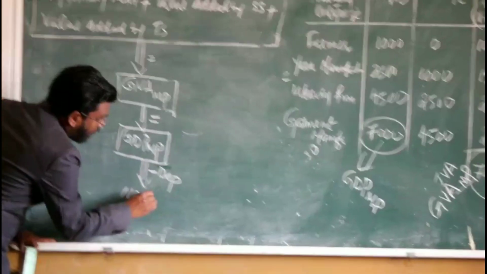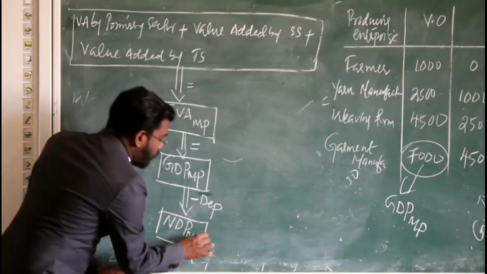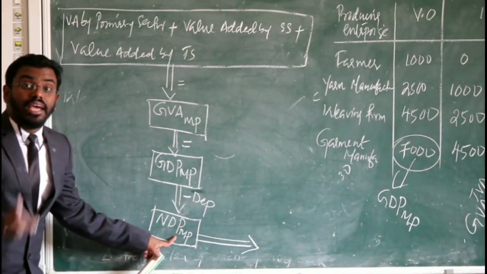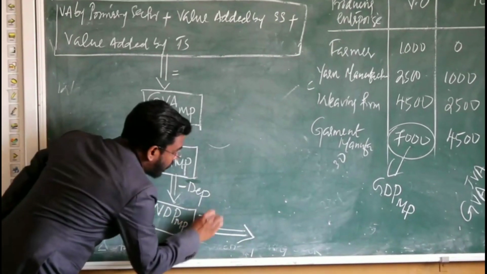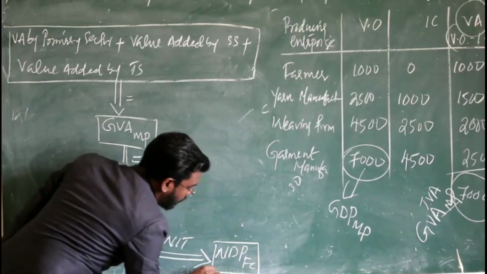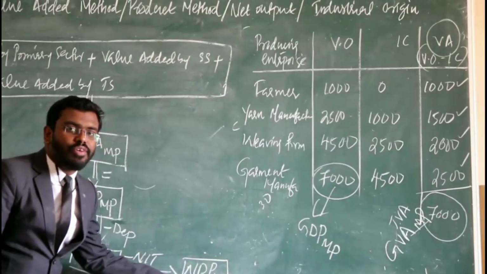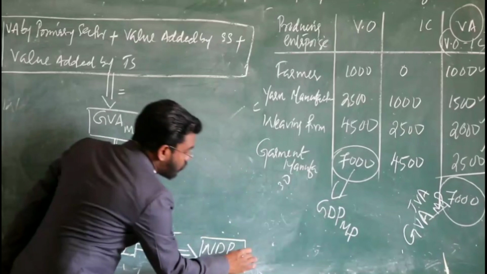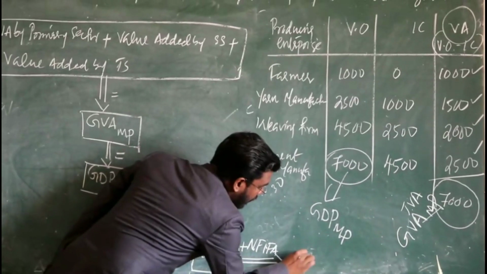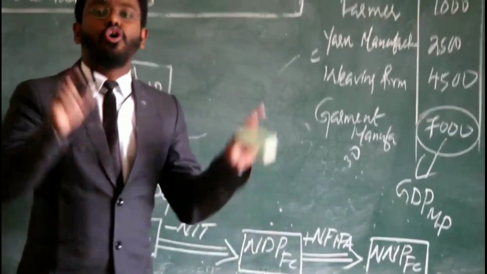Then we will get NDP-MP. Okay, then if we subtract NIT from this NDP-MP, what will we get? NDP-FC. So minus NIT, then we will get NDP-FC. Then if we add NFI-FA along with this NDP-FC, what will we get? NNP-FC. So just add NFI-FA, then we will get NNP-FC, and this NNP-FC is equal to national income.